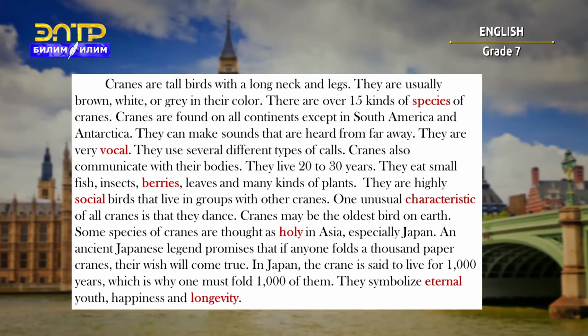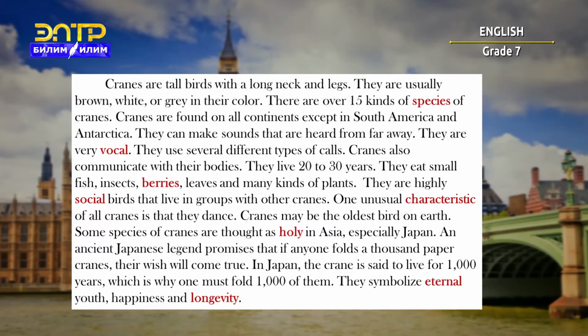Cranes are tall birds with a long neck and legs. They are usually brown, white, or gray in their color. There are over 15 kinds of species of cranes. Cranes are found on all continents except in South America and Antarctica. They can make sounds that are heard from far away.